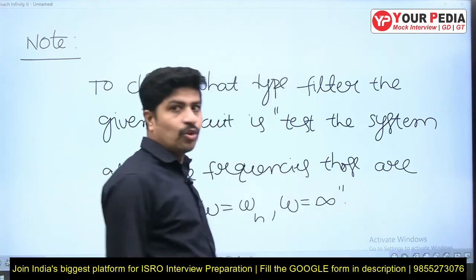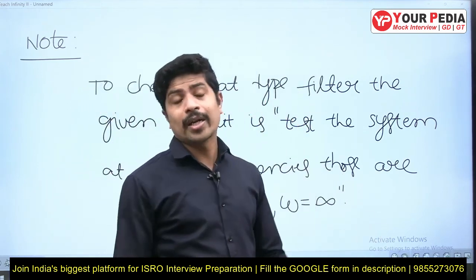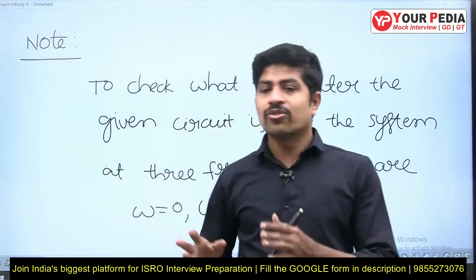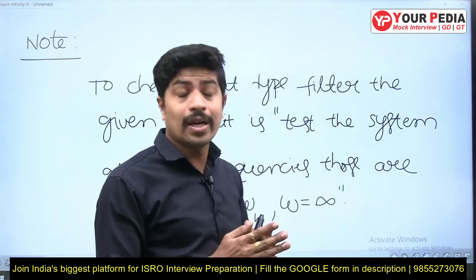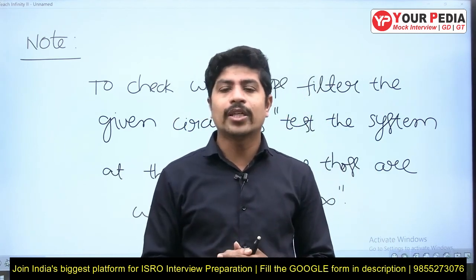If you do this, then you will very simply identify what type of filter the given circuit is. This is how you have to analyze if you want to answer any filter questions, whether it is a passive filter or an active filter.